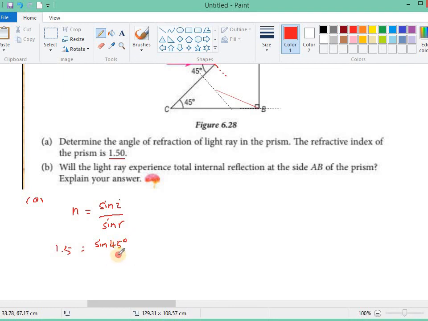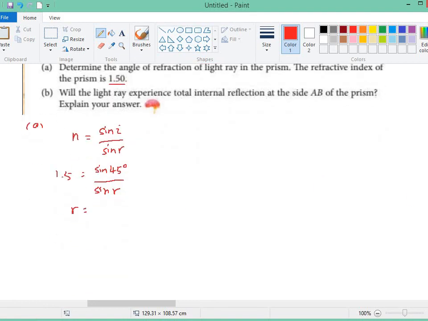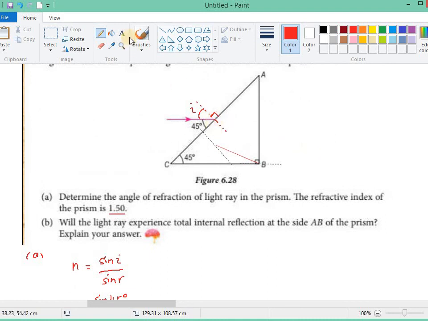So how much is the refracted angle? The refracted angle is 28.13 degrees.